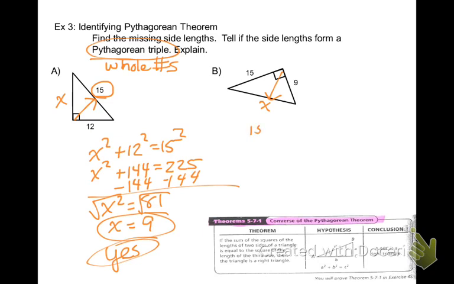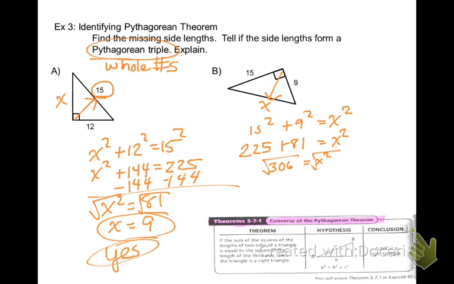So it's going to be 15 squared plus 9 squared equals x squared. 15 squared is 225 plus 81 equals x squared. 225 plus 81 equals 306. Let's not square root it yet.